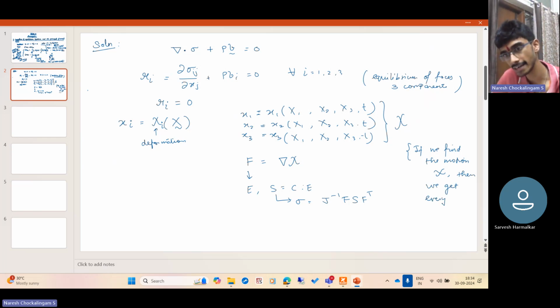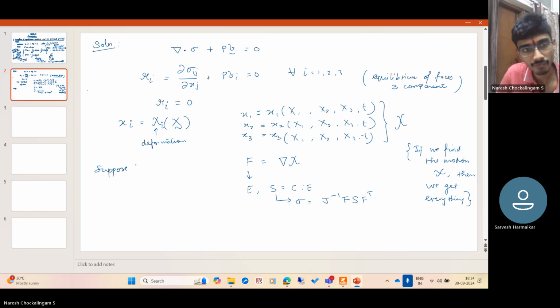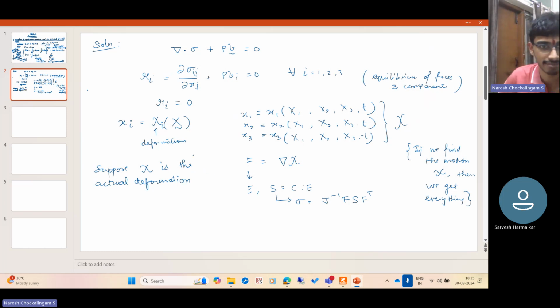We get the entire strain distribution, stress distribution, forces, and so on. So suppose chi is the actual deformation field. By actual, we mean that chi is a deformation field that keeps the body in equilibrium, that satisfies the equilibrium condition. So this is the actual deformation field.